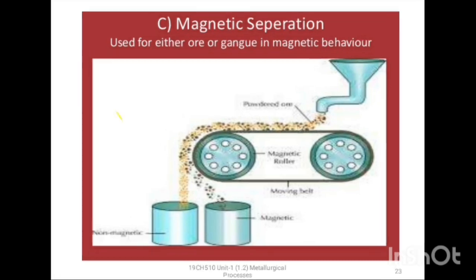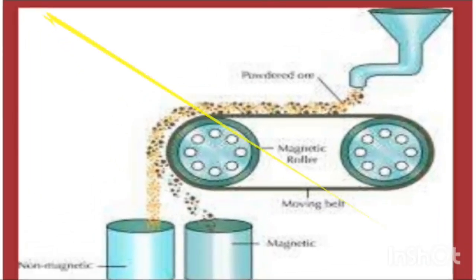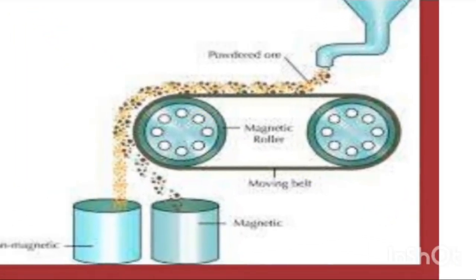In this process, the instrumentation setup contains a moving belt connected with two wheels. Among the two wheels, the right side wheel is not magnetic, but the left side wheel is a magnetic roller, which has the magnetic property.